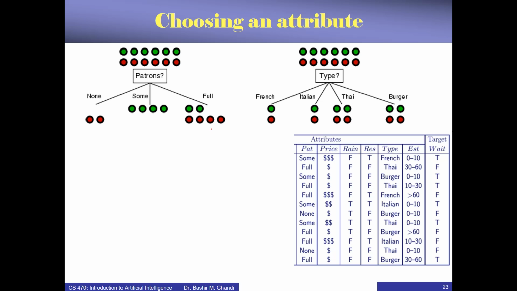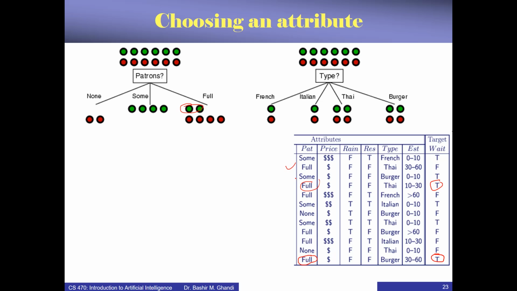Let's look at the last one, full. Full here, however, has two versions of the output. Two of them are true. This is true, and the other one that is true is the last one here. So that's why you see two green here to represent the true.